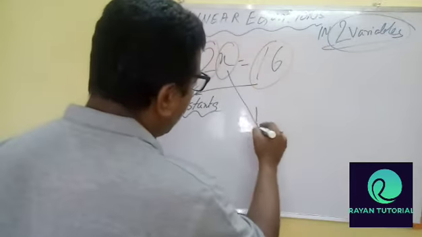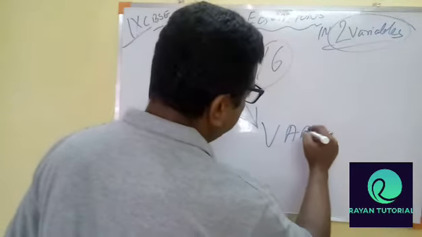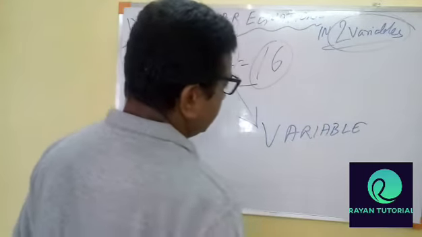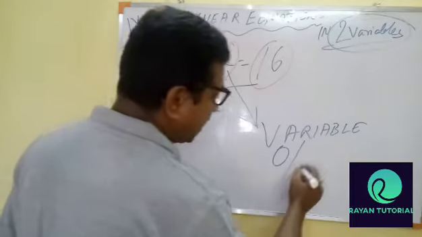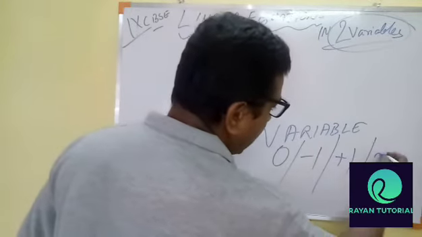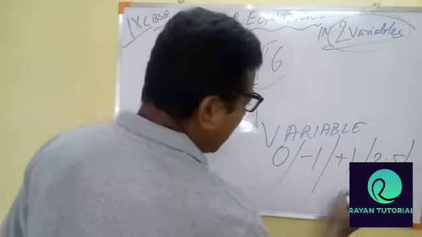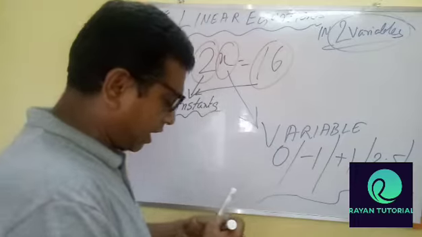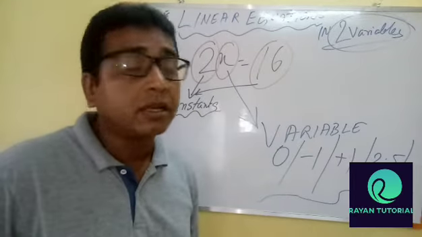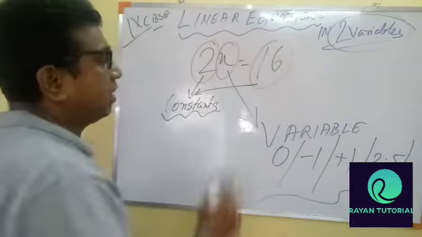But the value of this x is a variable. Variable means it can be 0, it can be minus 1, it can be plus 1, it can be 2.5, it can be minus 3.5. Infinite solutions can come out depending on that equation.